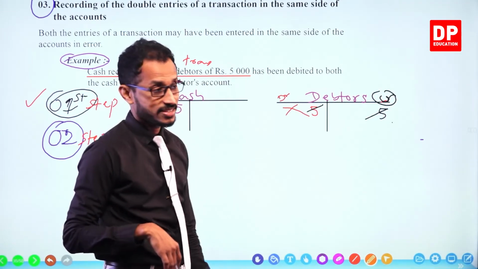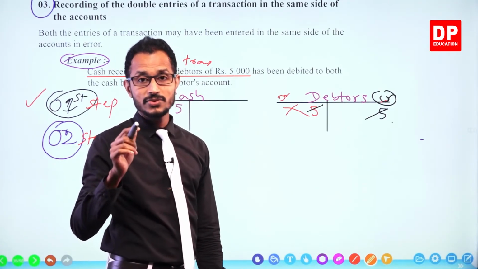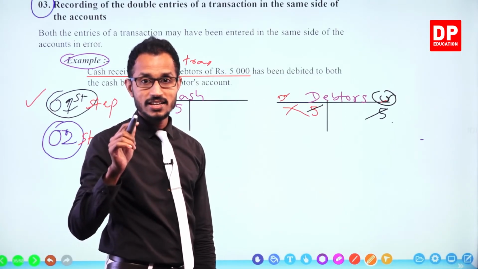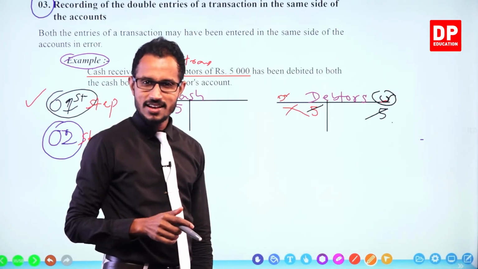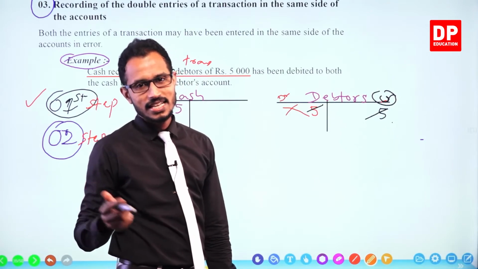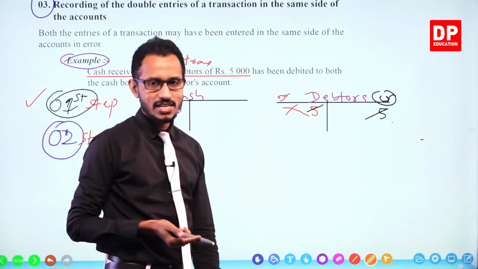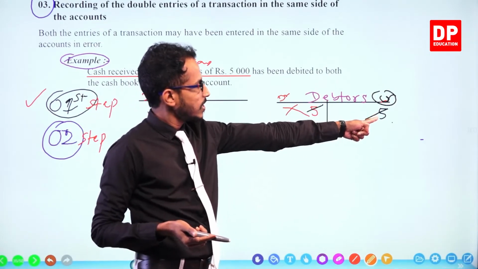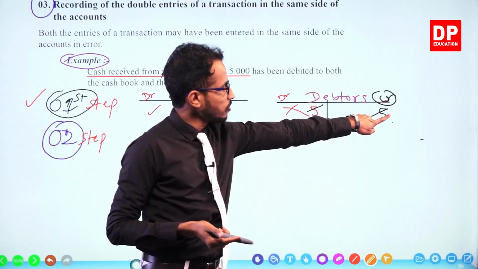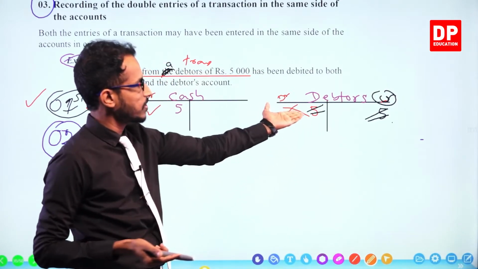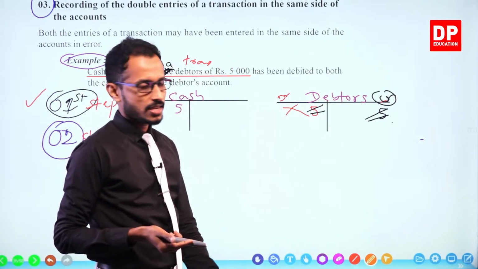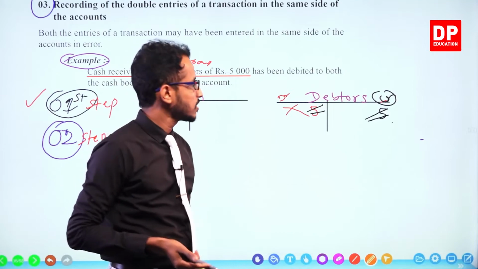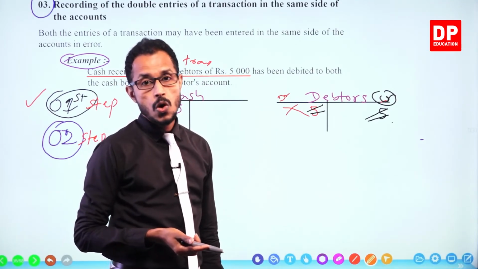Now only you really understood. Yeah, that's how it happens. If you credit 5, this 5 will be cut off to this 5 and nothing will be remaining in the debtors account when it is balanced. 0.